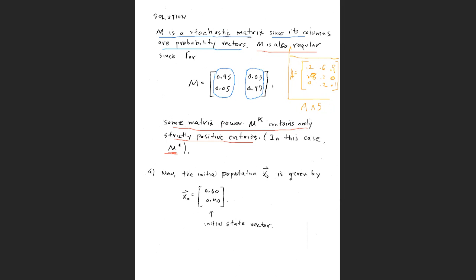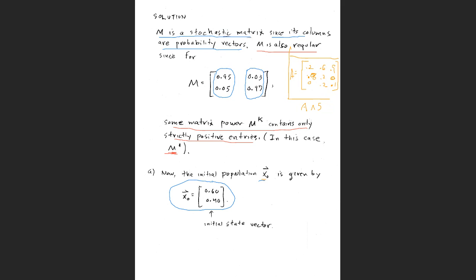All right. So that being said, let's try to solve this problem. What we're going to do is denote the initial population vector, denoted by x sub 0, as the 2 by 1 vector with 0.60 and 0.40.